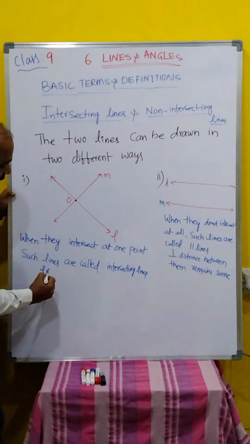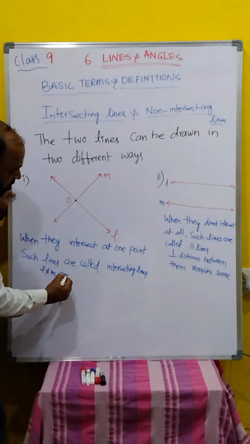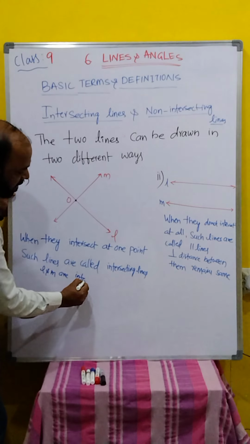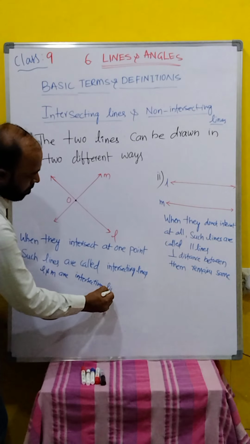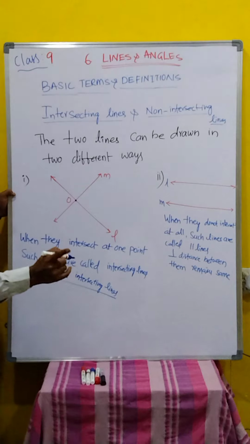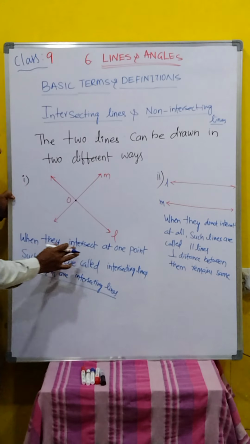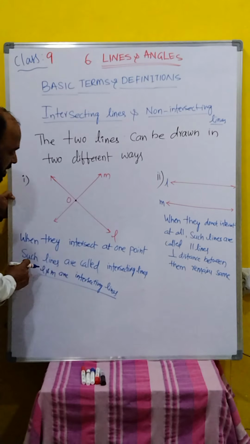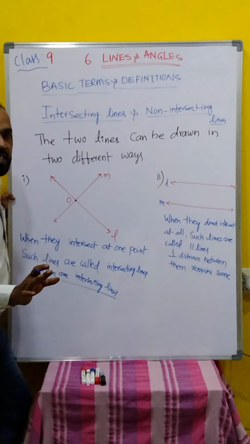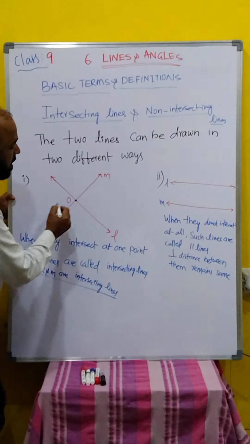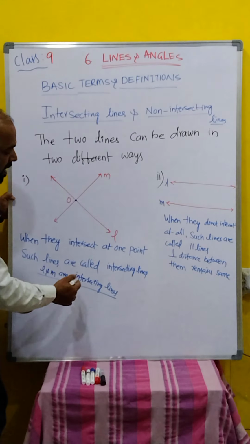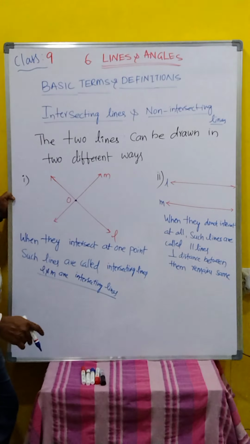I will read the definition again: when they intersect at one point, such lines are called intersecting lines. Here L and M both are intersecting at O.